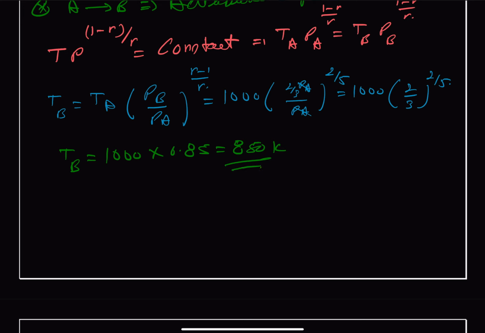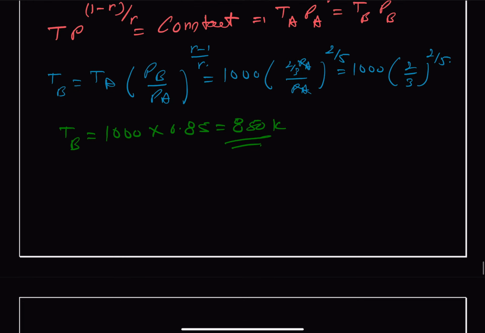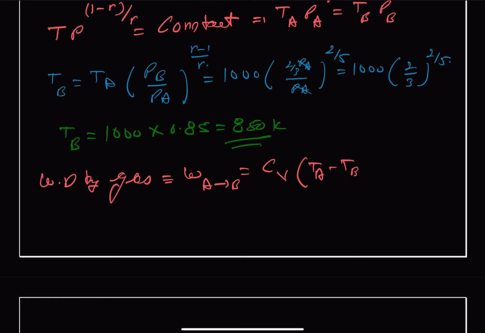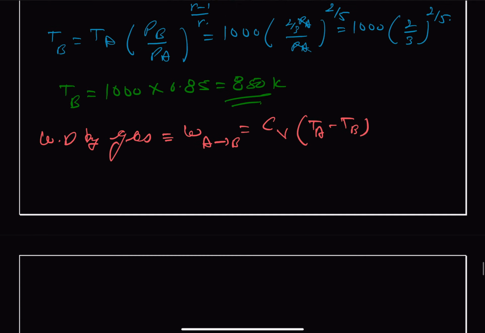Now we come to the work done by the gas. Work done by the gas from A to B will be equal to Cv times (TA minus TB), and we simply substitute the values.